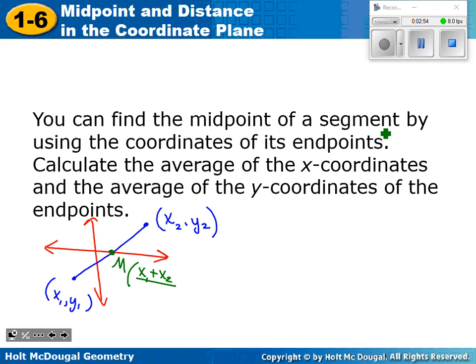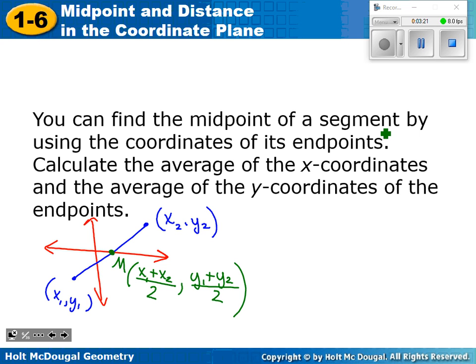You add them together and you divide by how many you have. So I added x1 plus x2, so I'm going to divide by 2 because I have 2 x's. Okay? Comma. Then you're going to add the 2 y values that you have. y1 plus y2, and you're going to divide by 2 because you have 2 of them.